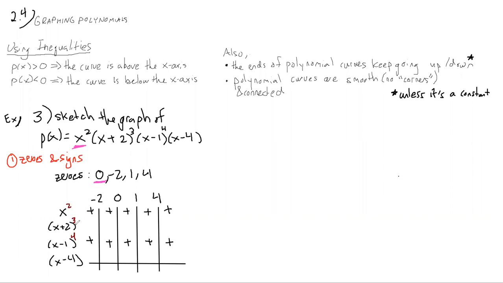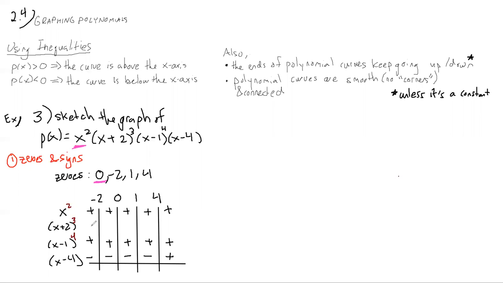And the cube, I'll do the x minus 4 first, I guess. It's a little easier. So I know that this is a line that starts in the negatives and becomes positive when it goes through its 0 of 4, the number that I plug in to get 0. A cube, so we can treat a cube just like a linear piece or any other odd power, because a negative cubed is negative and a positive cubed is positive.